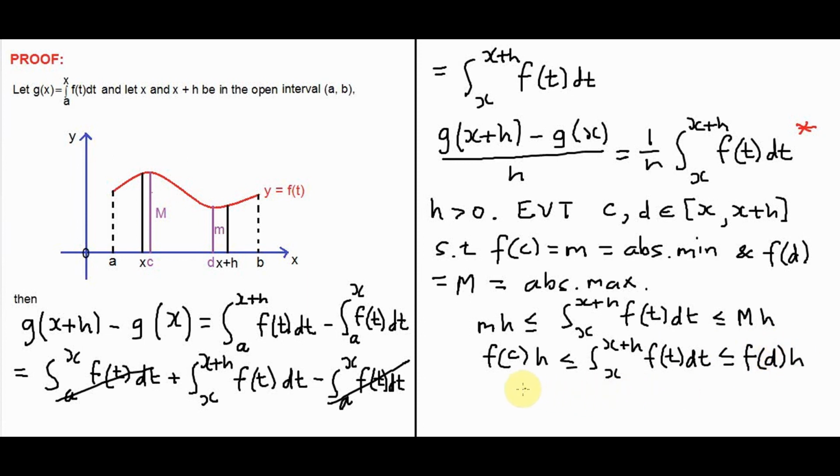We now divide through by h, and we get f of c less than or equal to 1 over h times the definite integral from x to x plus h of f of t dt, and this is less than or equal to f of d.